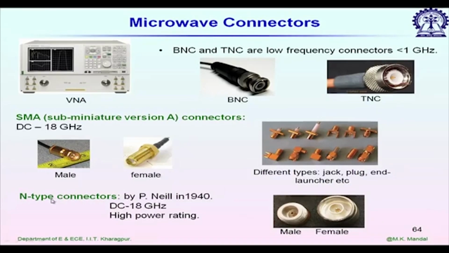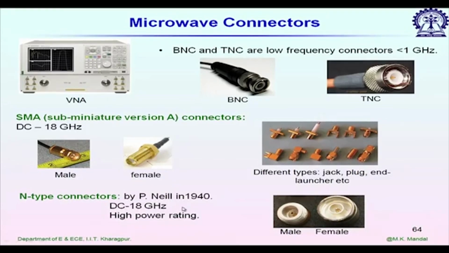We also have N-type connectors. N-type connectors were designed in the 1940s, they came a long time back, and the typical operating frequency is DC to 18 gigahertz. Here we have pictures of male and female N-type connectors.